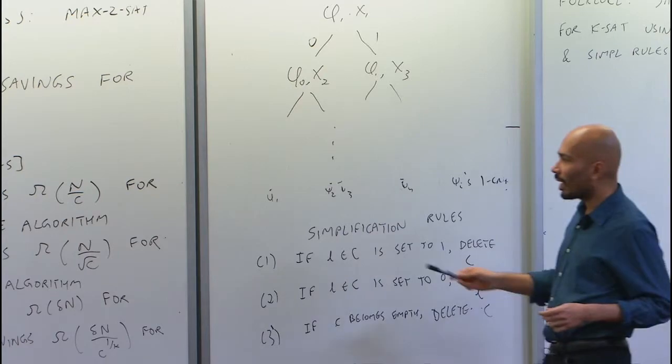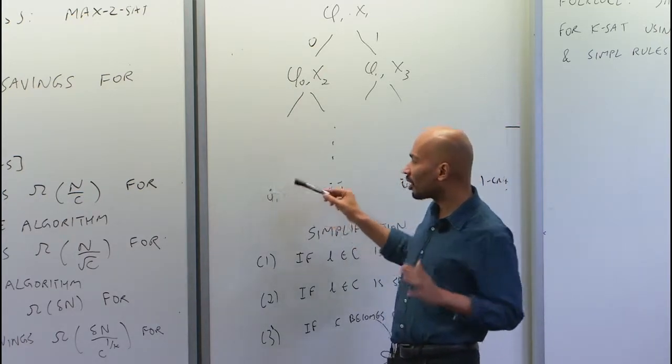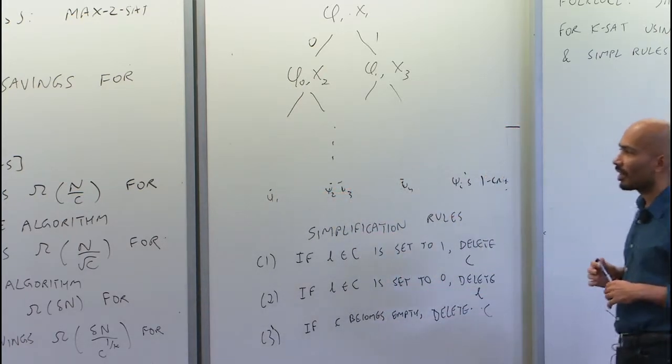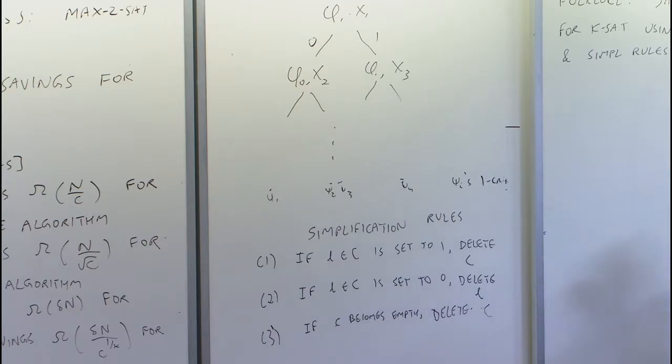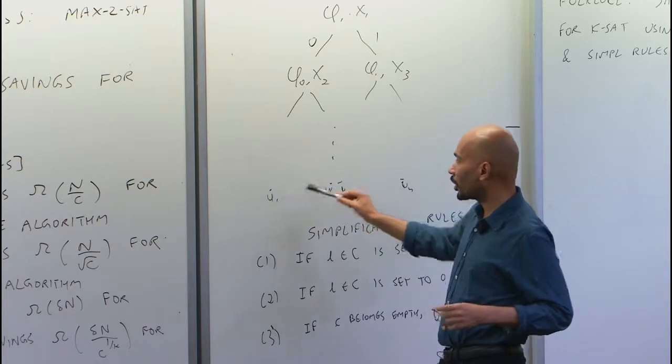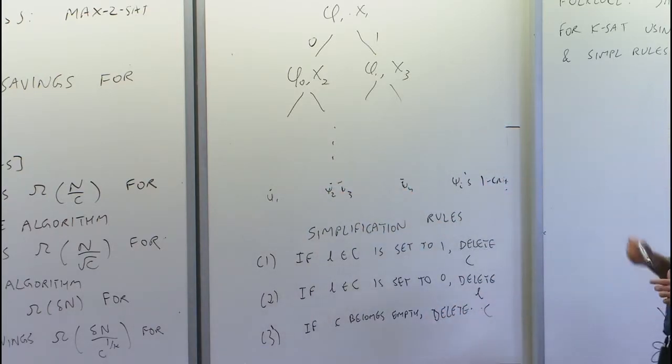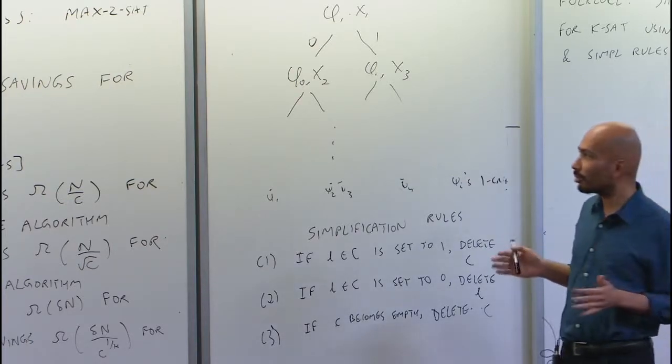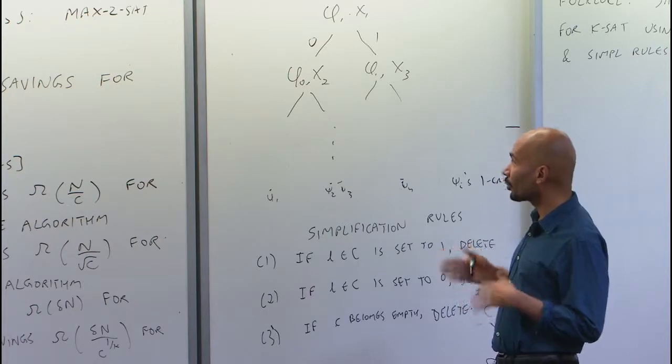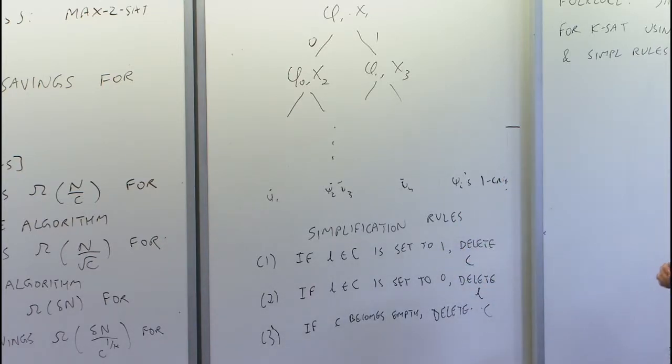So that at these leaves, you have a certain number of 1 clauses, and for the rest of the clauses, you know whether they're satisfied or falsified, right? So basically, solving MaxSat for each leaf is going to give you the solution for the MaxSat for the original instance phi. So this is how branching works for MaxSat.